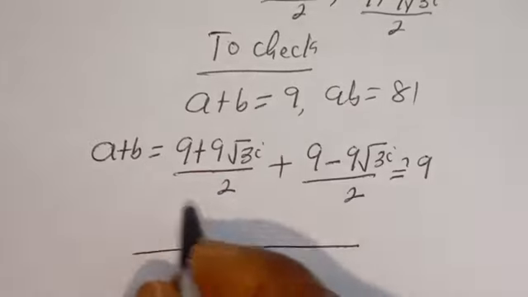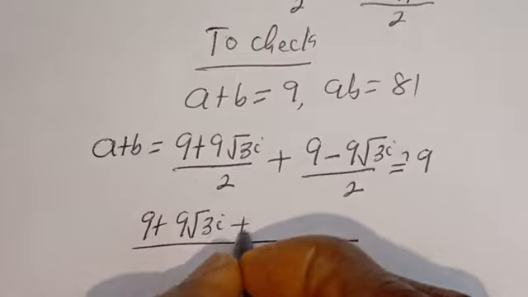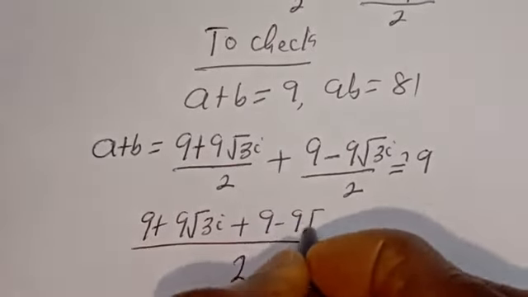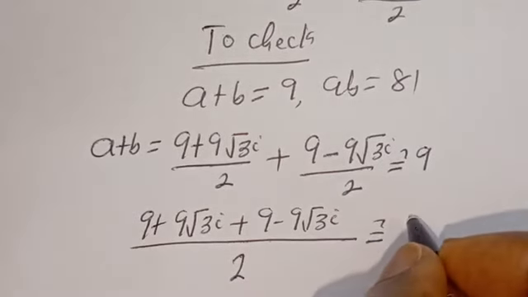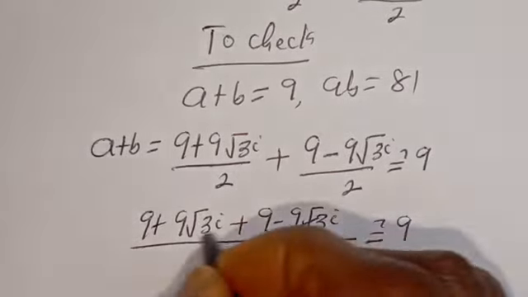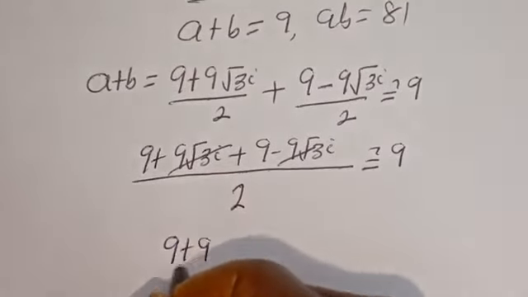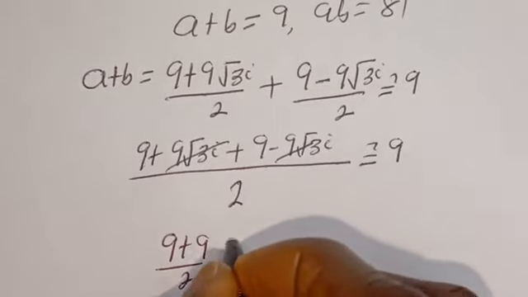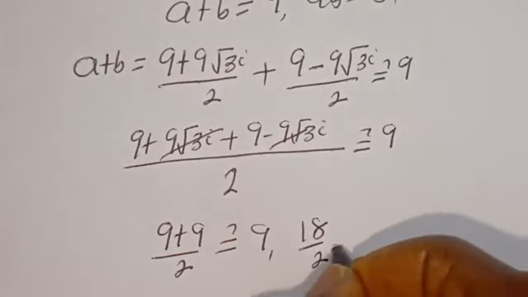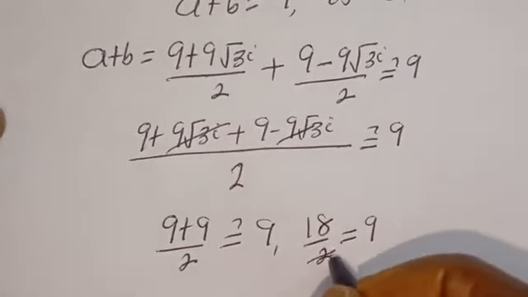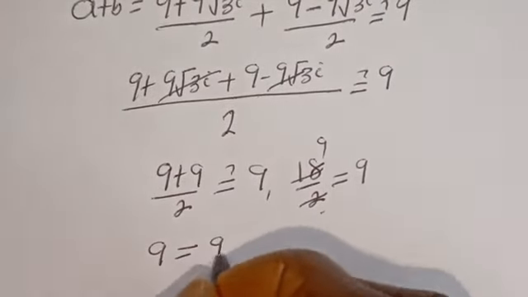Then we have 9 plus 9 root 3 i plus 9 minus 9 root 3 i, divided by 2, must be equal to 9. This will cancel this. Then we have 9 plus 9, this is 18 divided by 2, must be equal to 9. Therefore, the left hand side, 9, is equal to the right hand side, 9, which is true.